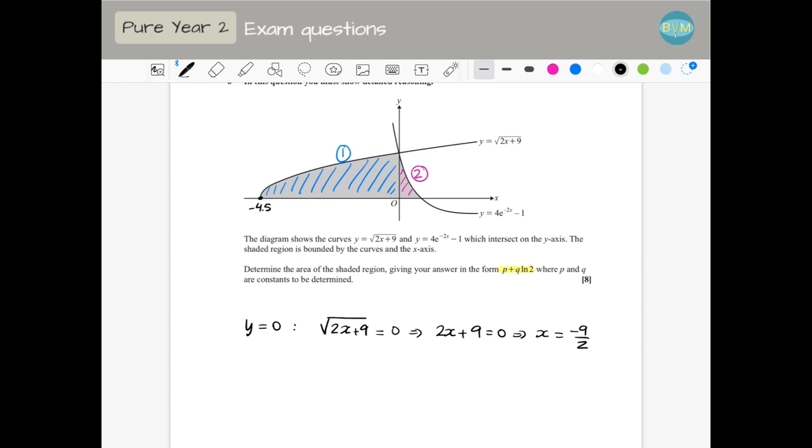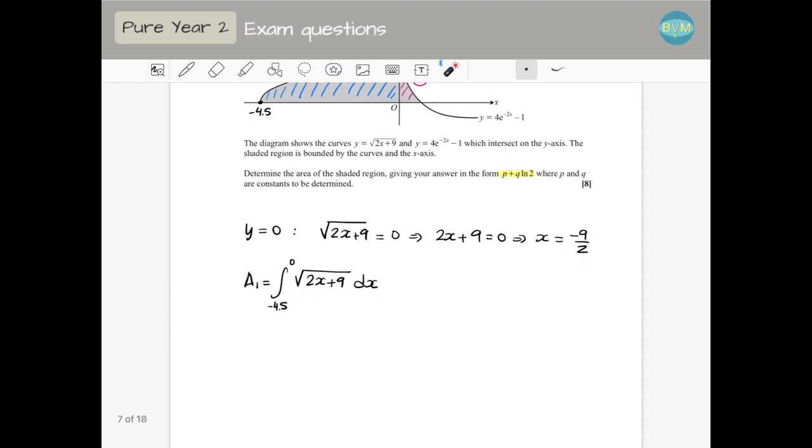So I'm going to do the first integral. I'm going to find A1. A1 is going to be the integral between minus 4.5 and 0 of that square root. We could use substitution, call this u, and it's quite straightforward, but you don't even need to do that. When you have ax plus b, as the derivative is just a constant, we can integrate that very quickly.